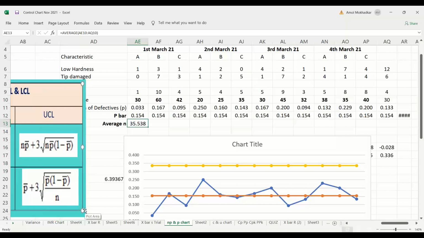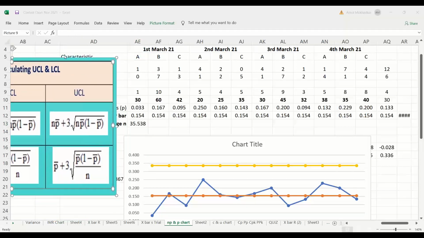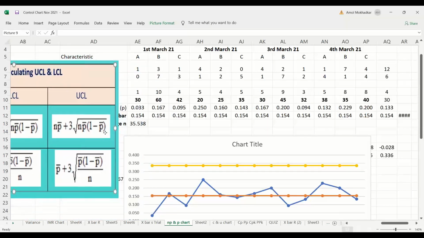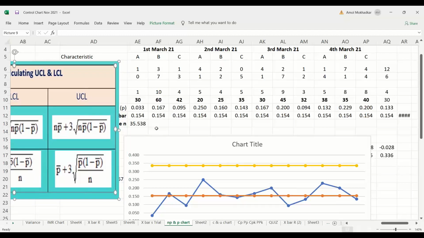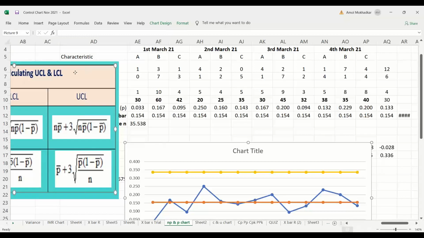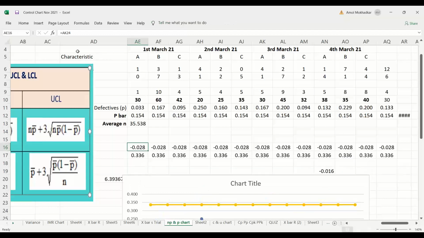Now utilizing this formula, you can calculate the upper control limit and lower control limit. For that, again you have the P bar. One by one we will solve the equation. First take P bar into 1 minus P bar.